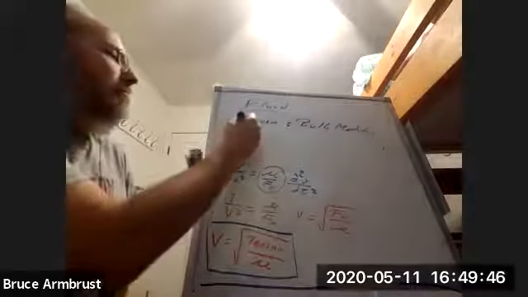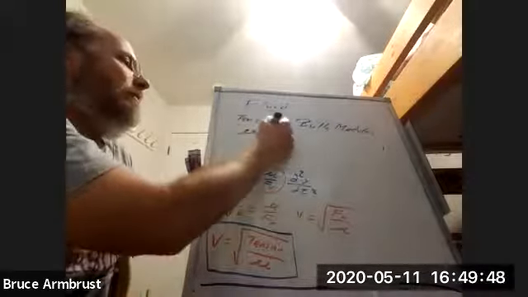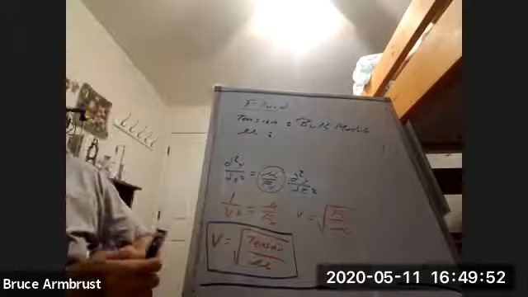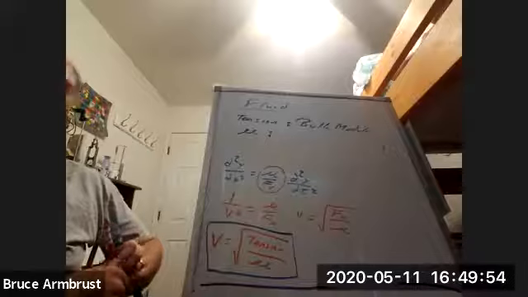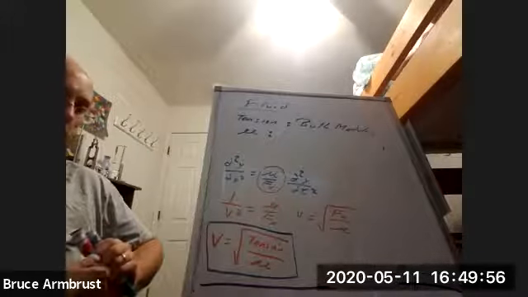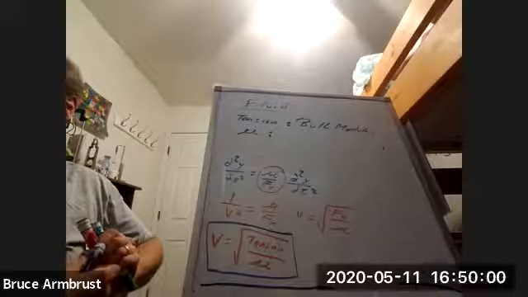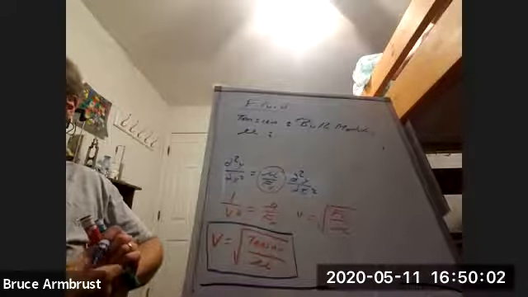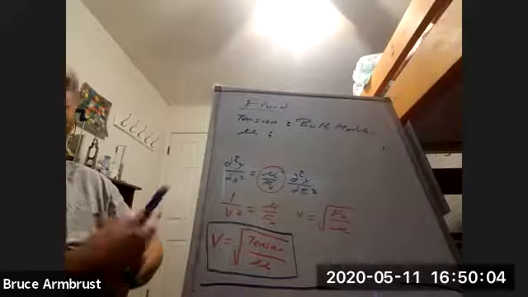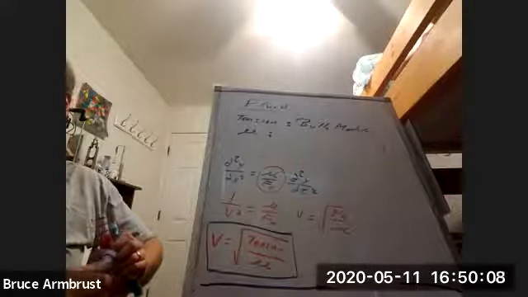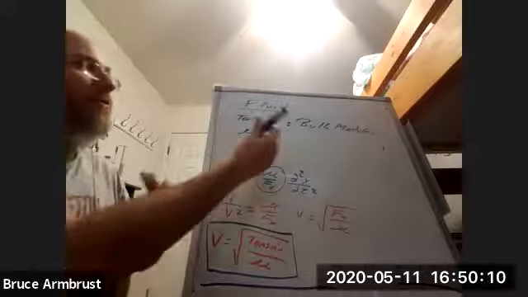And then mu, remember that was a mass per length. Well, what quantity do we use for fluids to describe mass? Or even think, the name for mu is mass density. So it's still the same old density.